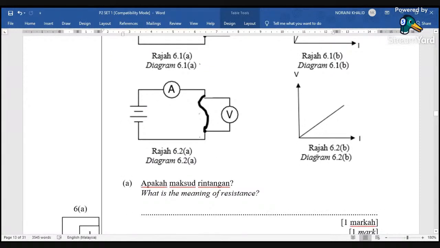What is the meaning of resistance? You can use a formula actually here to define resistance.